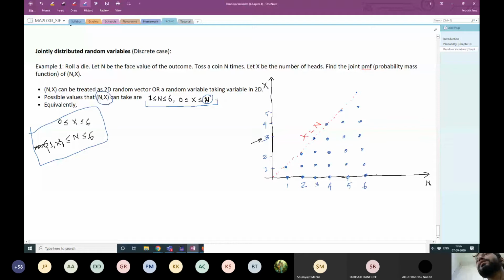Okay. So I have not answered the question yet. The question was, what is the joint probability mass function?